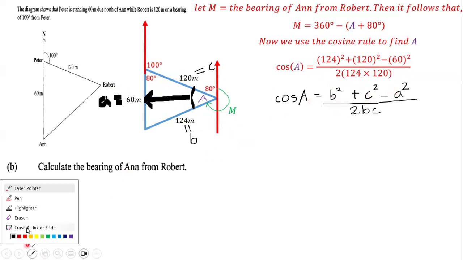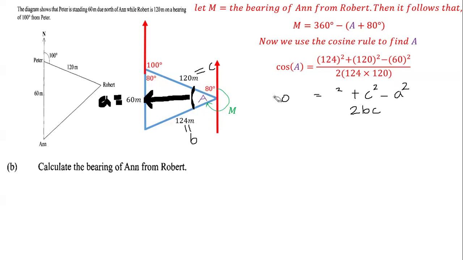Now that we have the values in, let us compute. The numerator, 124 squared plus 120 squared minus 60 squared, simplifies to 26,176. Then 2 times 124 times 120 gives us 29,760.